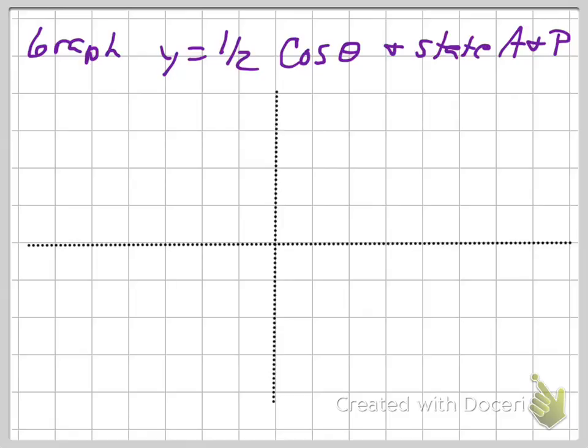First, we want to find the amplitude of the equation. Can anybody tell me the amplitude of this trigonometric equation? Yes? It would be 1/2. Now, what that means is that this dolphin will never go higher than 1/2 on our graph.